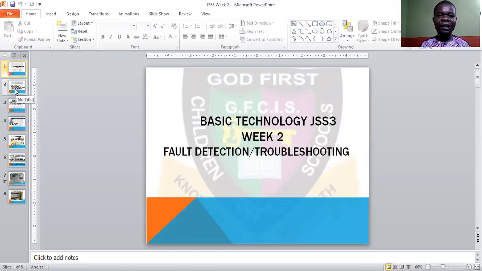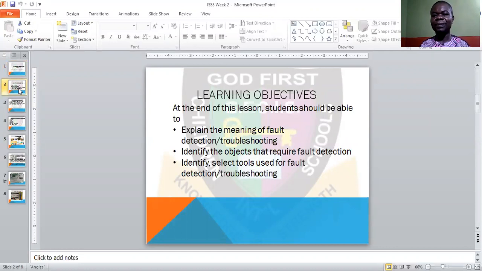At the end of this lesson, you should be able to explain the meaning of fault detection or troubleshooting. You should be able to identify the objects that require fault detection. You should also be able to identify and select tools or instruments that are used for fault detection, in other words, troubleshooting.